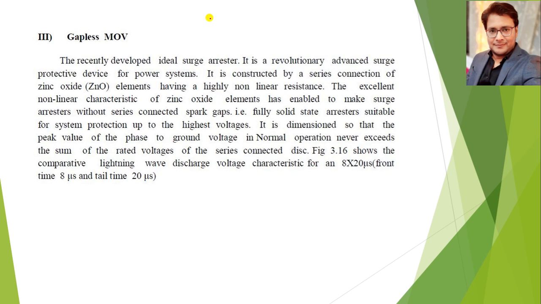The recently developed ideal surge arrestor, it is a revolutionary advanced surge protective device for power system. It is constructed by a series combination of zinc oxide elements having a highly non-linear resistance. The excellent non-linear characteristic of zinc oxide element has enabled us to make surge arrestors without series connected spark gap, that is, fully solid state arrestors suitable for system protection up to the highest voltage.